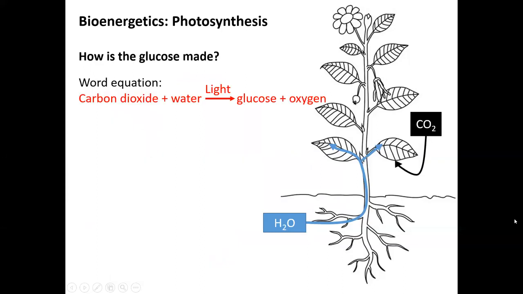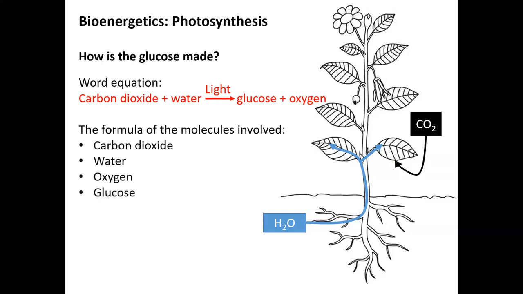So we know how the water gets into the plant and specifically into the chloroplasts, and we know how the carbon dioxide gets into the chloroplasts. So this is the word equation that you need to remember, but you also need to know the symbol equation. So we need to know the formula of these particular molecules: carbon dioxide, water, oxygen, and glucose.